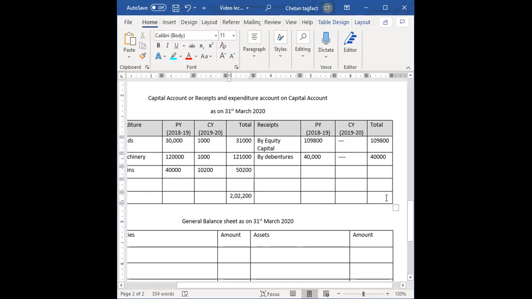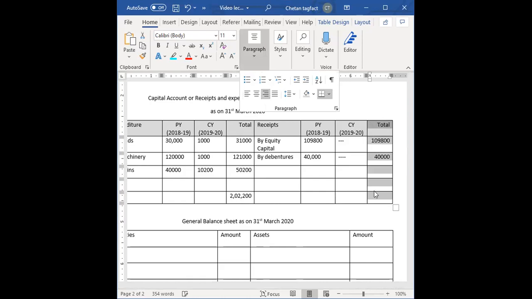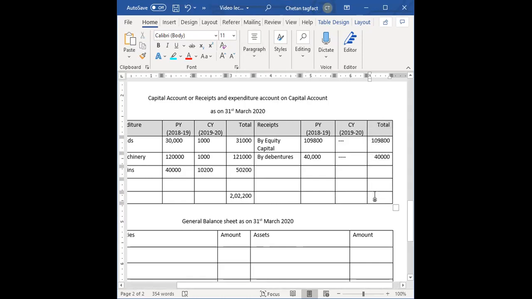Okay, and the total of my credit side amounts to... remember, my capital account will not be balanced. We are going to take the sum total of both the sides. That's what we are going to do. So, coming to my total assets, we are going to have 1,49,800.